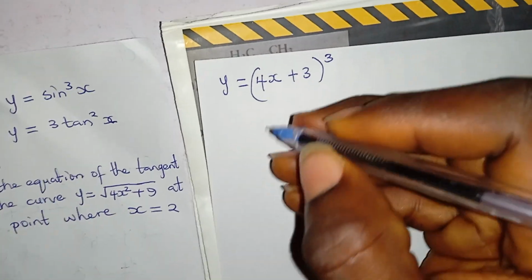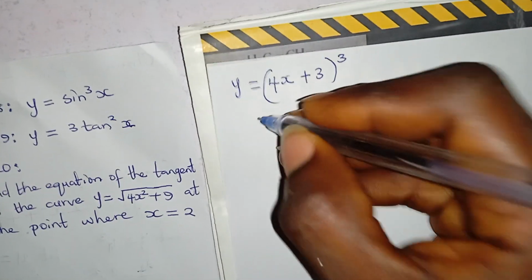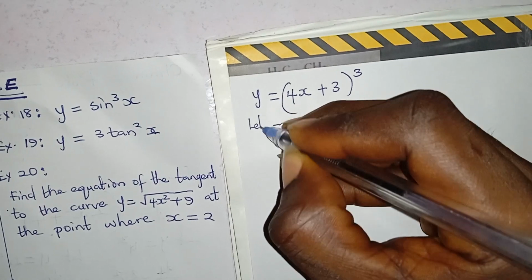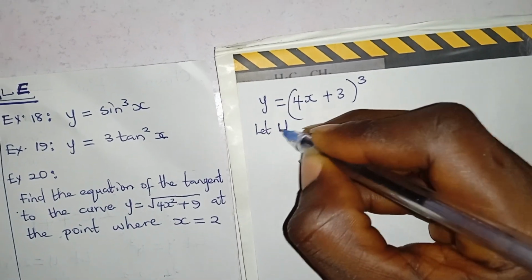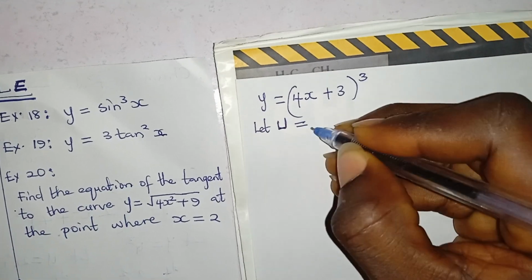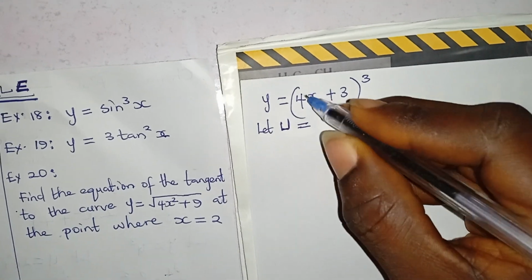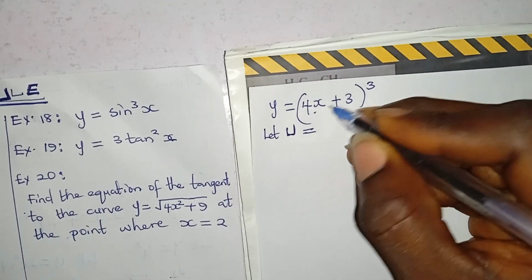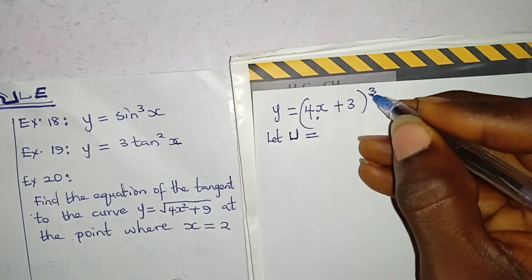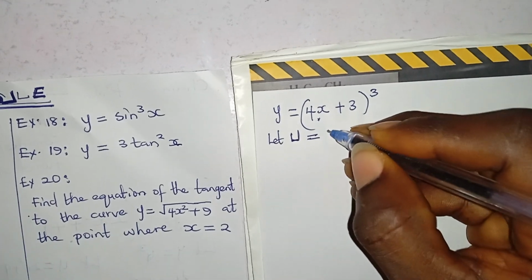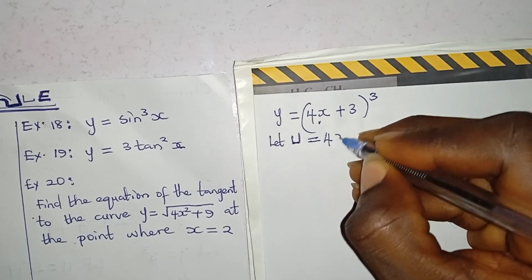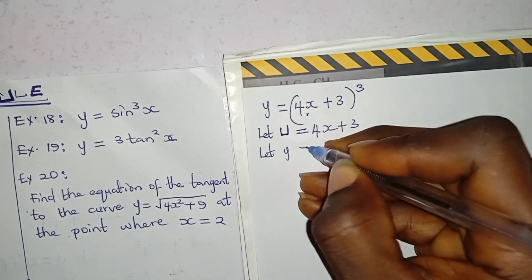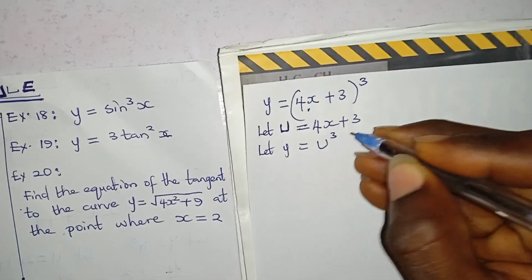If y is equal to (4x plus 3) raised to power 3, we now do the substitution by saying let u... I told you chain rule is used when you have an internal function and an external function, that you can differentiate inside, and you can still differentiate outside. So I can say let u be everything inside, 4x plus 3, and let y now in this case be u raised to power 3.